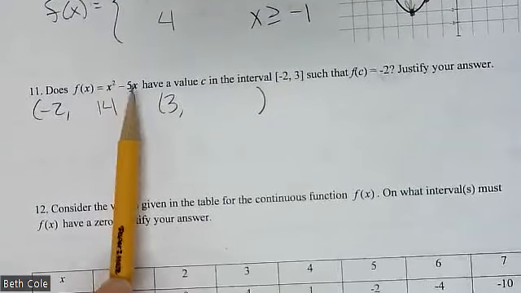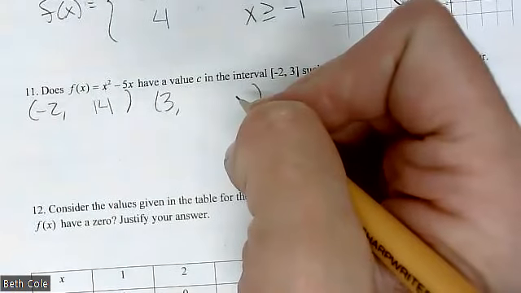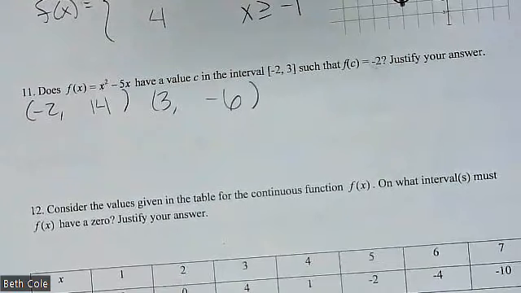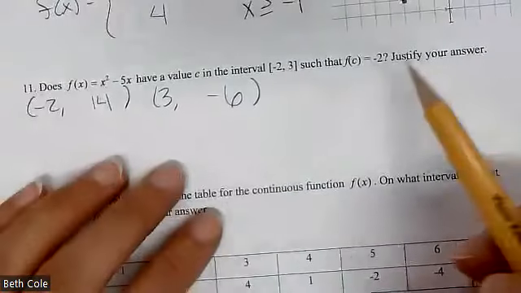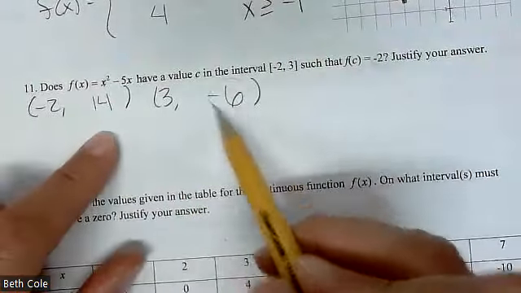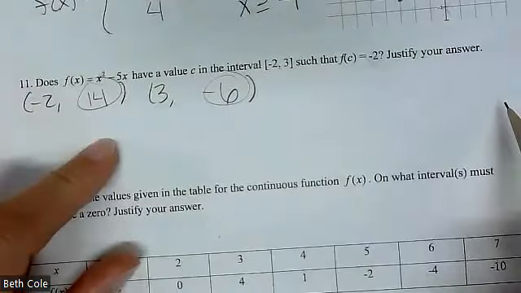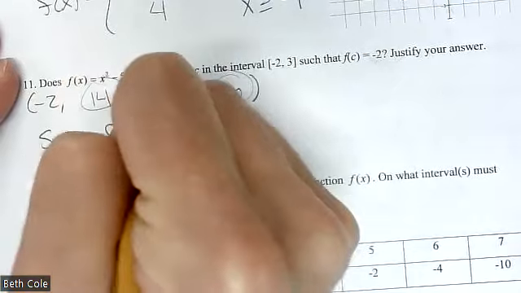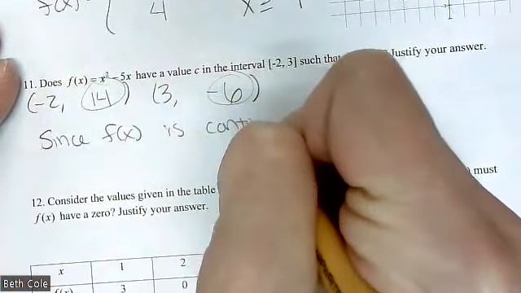So 9 minus 15, was that -6? So here's the whole point. Is -2 in between these? Yes. So you're going to say, since f of x is continuous.